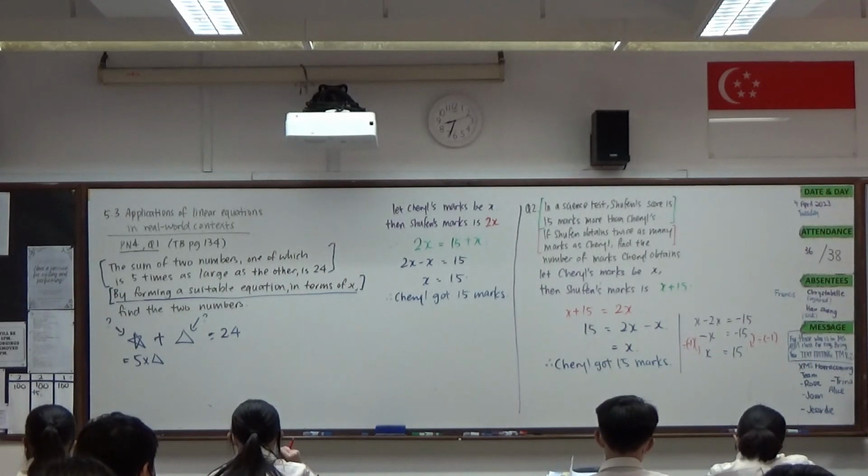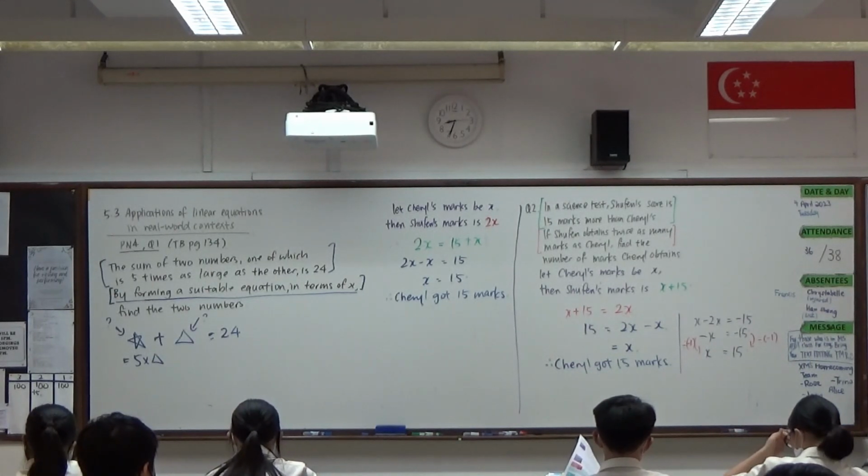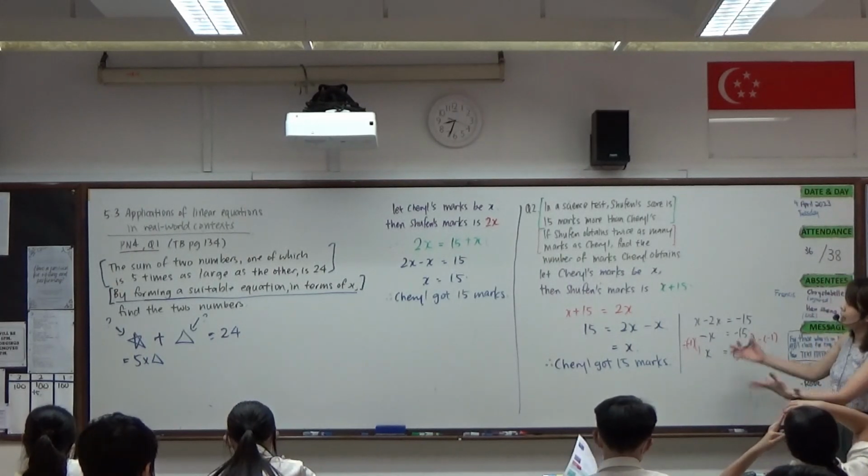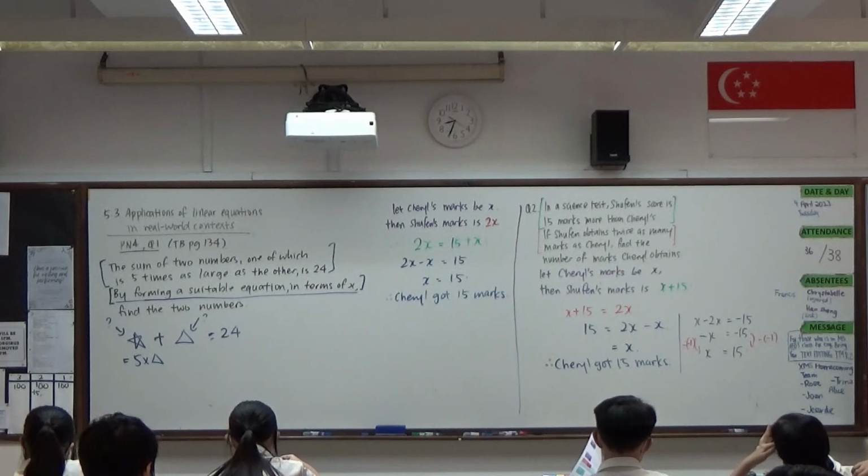We need not always be fixed on one way of solving the thing. Of course, we always try to find the most efficient way. But in this case, both are equally efficient, right? There's nothing wrong at all.